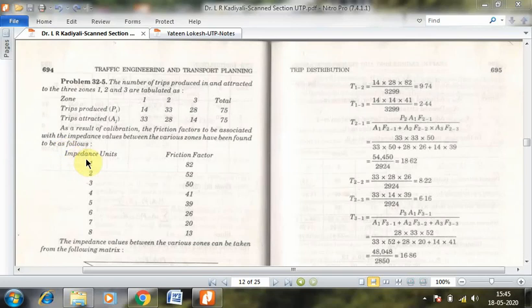Now there is something called the impedance unit, which is numbered 1, 2, 3, 4, 5 till 8.